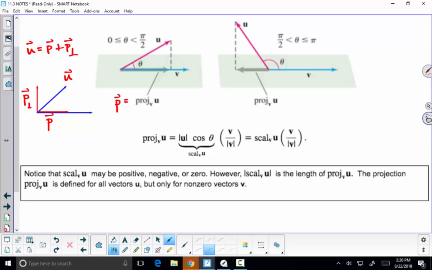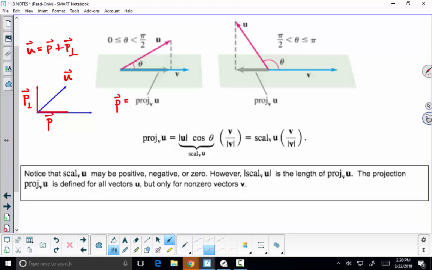We'll get to a 3-dimensional situation where we talk about a normal vector to a surface, but not yet. Here this perpendicular vector is nothing more than the complement of p, so that when you add p to p perp, you get back to u. So we're decomposing u into 2 vectors with respect to v. So v is kind of the new axis. That's a good way to think about it.